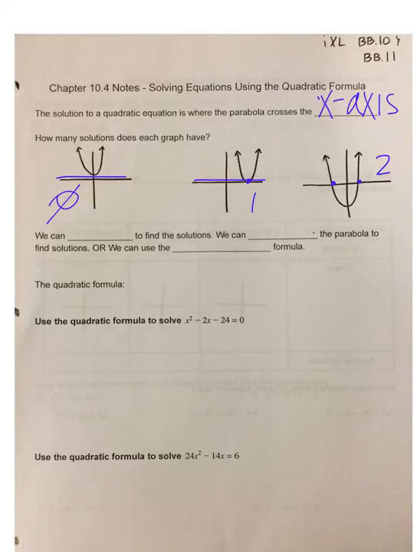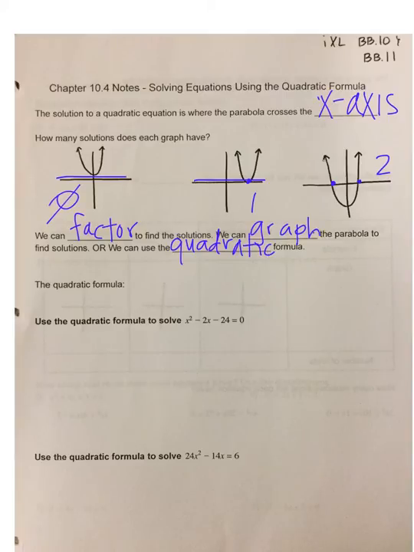So we have two ways so far that we know about of how we can find where it crosses. We can factor to find the solution. We can graph the parabola to find the solution, or, wait for it, we can use the quadratic formula.